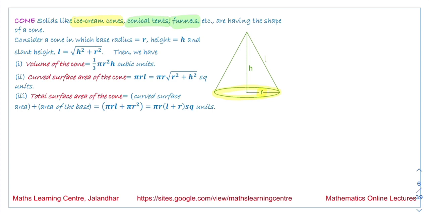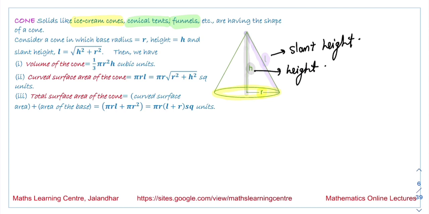The radius of this circle is r. The next term is the height. This is the height of this cone. And the next term is this height L, which is called the slant height. This is the height of the cone and this is the slant height of the cone.